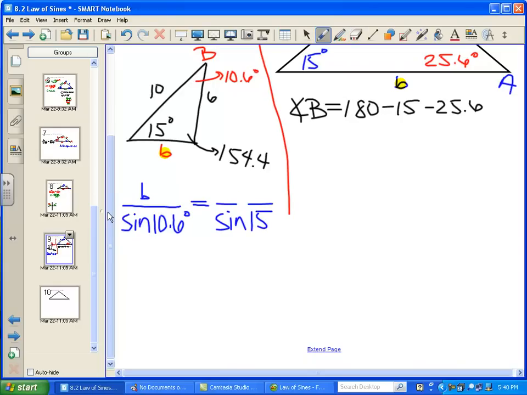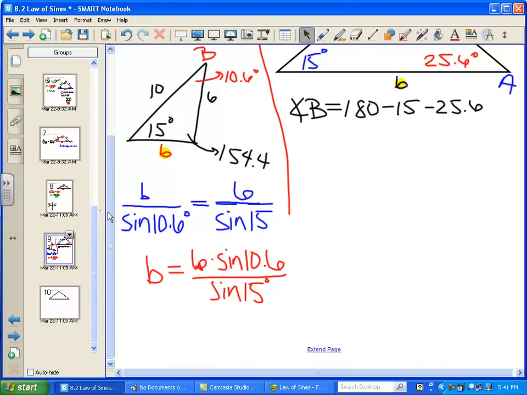Let me rewrite that 6 because that looked a little funky. And if I solve that, B is equal to 6 times the sine of 10.6 over the sine of 15 degrees.